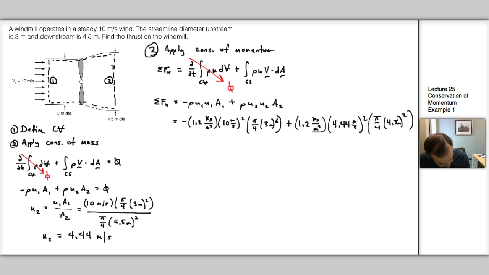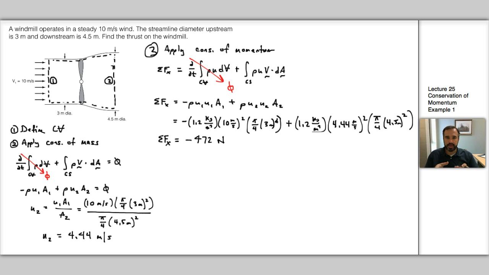We could throw that into our calculator. We get the sum of the forces in the x direction is equal to negative 472 newtons. Okay, so now we have the force on the control volume.